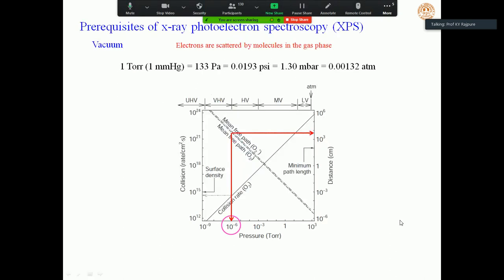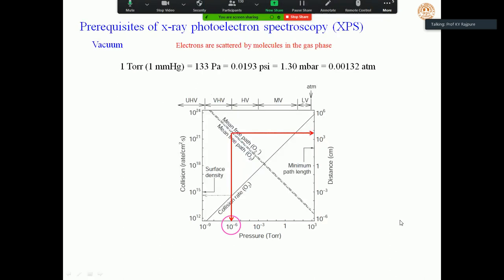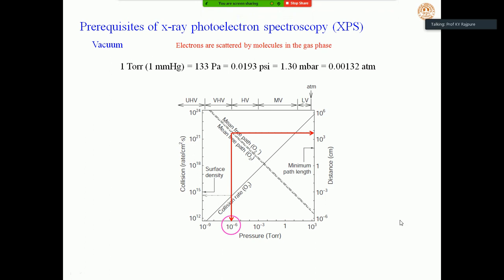Yeah, this is the point. The prerequisite of X-ray photoelectron spectroscopy. We know here the photoelectrons are generated. Their energy need not be modified because it is a kinetic energy. So the electrons which are emitted should keep their energy. They should not lose their energy in scattering, that is, the electron should not collide with something.